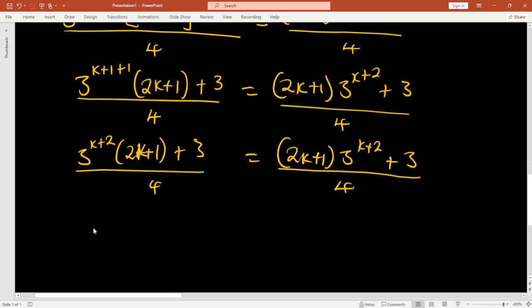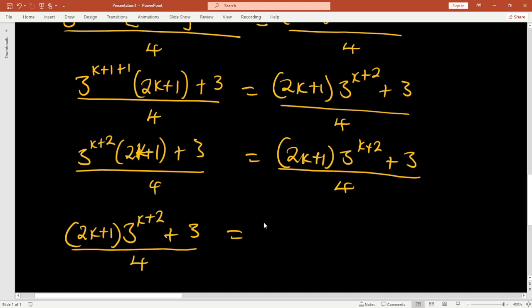So this is the same as (2k + 1) times 3^(k+2) + 3 divided by 4, is equal to (2k + 1)·3^(k+2) + 3 divided by 4 here.